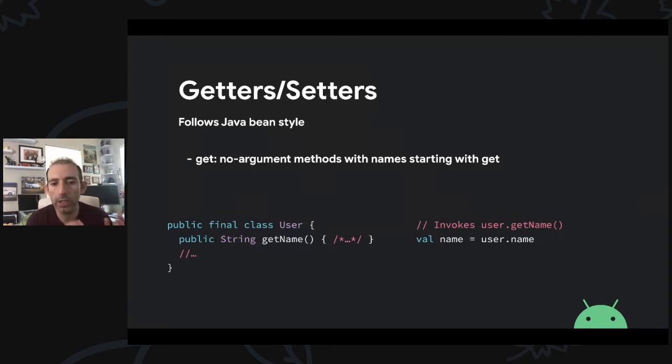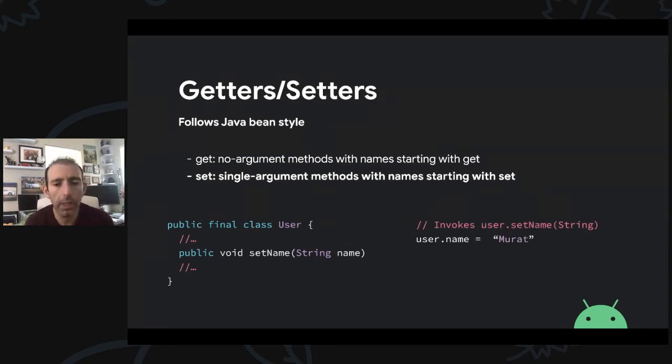When you try to access this name over the property name from Kotlin by calling user.name, Kotlin knows to invoke the getter, the getName function. This is only true if your getter starts with get followed by the field name, property name, and doesn't have any input. If you break this contract, Kotlin cannot call the getter.